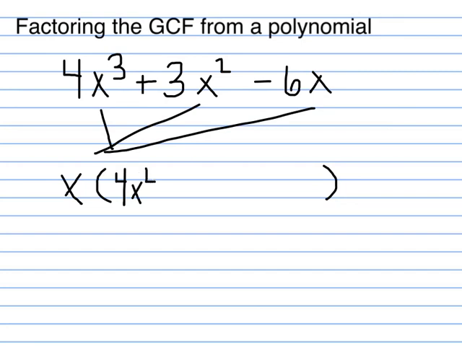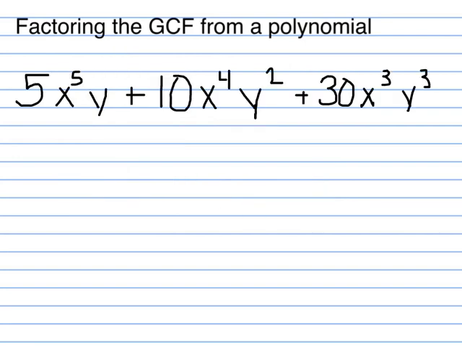So what we're doing is we're just dropping the power by 1. And then I'm going to divide out that 3x squared, so that would become 3x. And if I divide 6x by x, I have minus 6. So we factored out the common factor between all three of the terms in my polynomial.